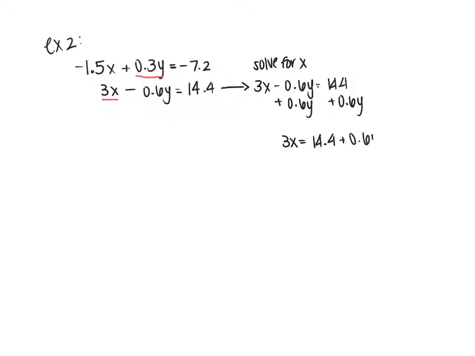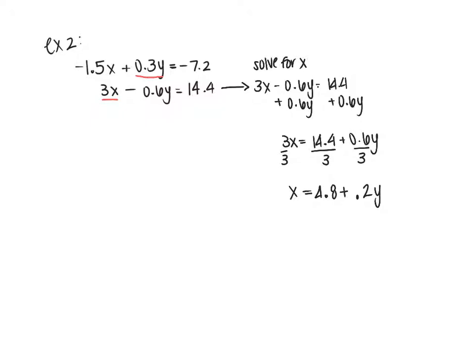You don't have to put the variables first, you don't have to put them second, just as long as you keep them consistent with their signs. So I'm going to divide everything by 3. So there's my second equation solved for x.